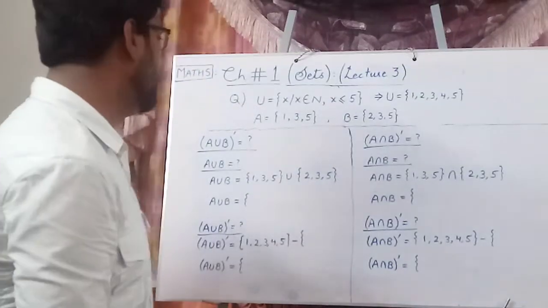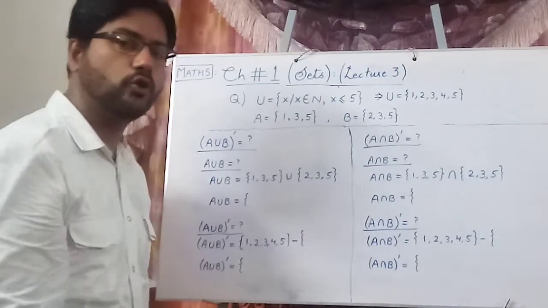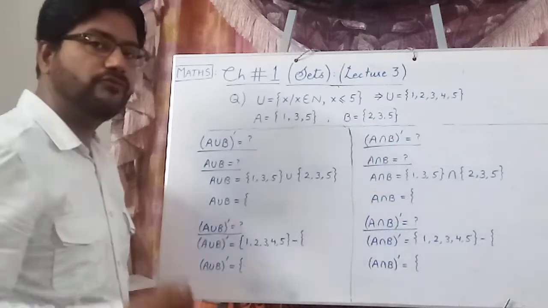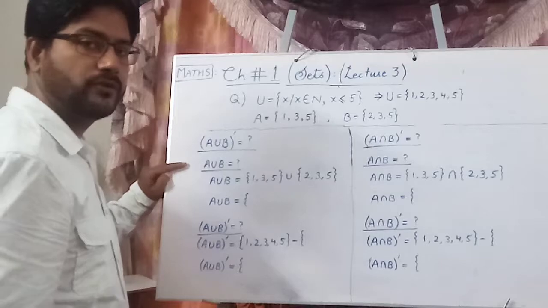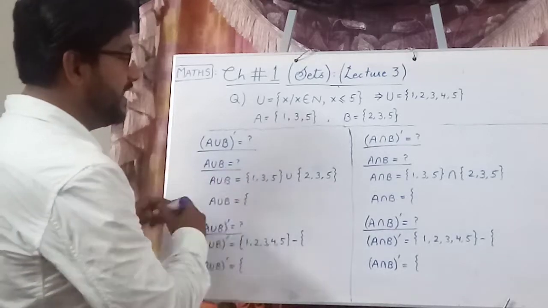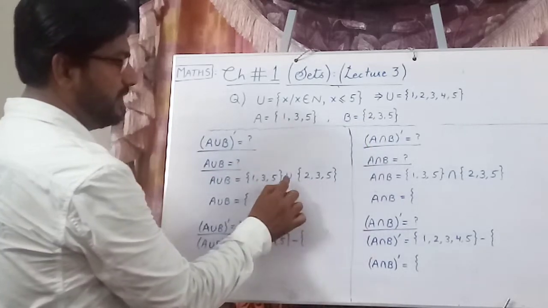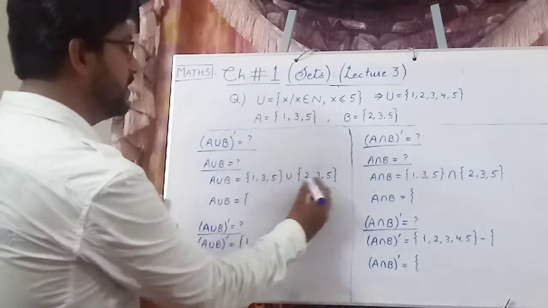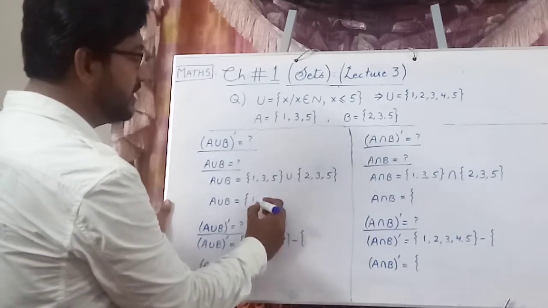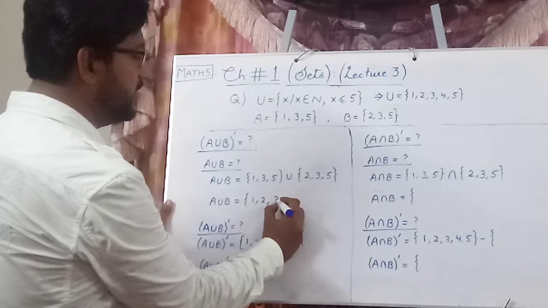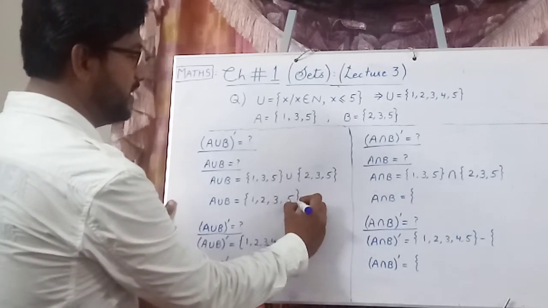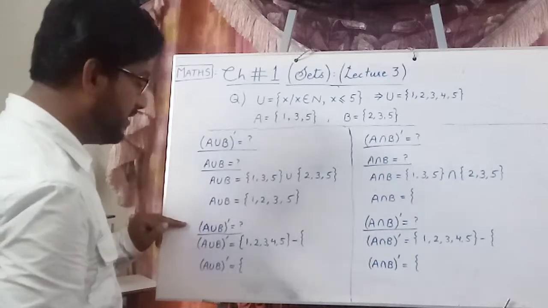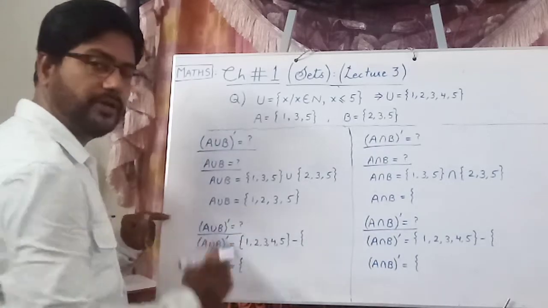Okay students, so we are going to find A union B to the whole complement. This is our question. We have to solve this question in two sequential steps. First of all we are going to find A union B. A is {1, 3, 5} and B is {2, 3, 5}, and we have to find the union between them. In union we have to take all the values. So 1, 2, 3 and 5 is our answer for A union B. But in the second step we have to find A union B to the whole complement.